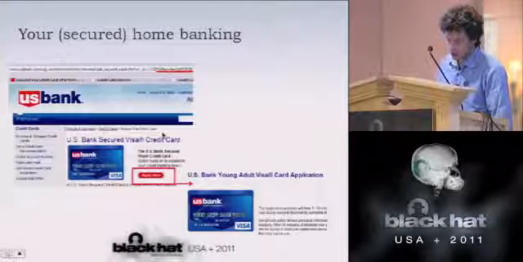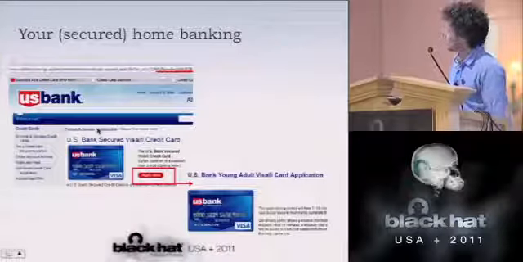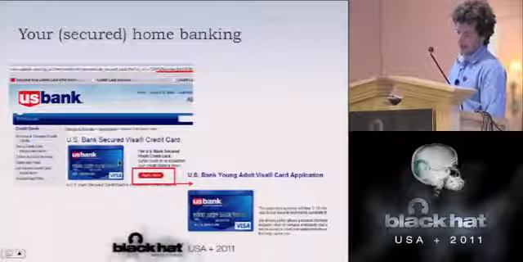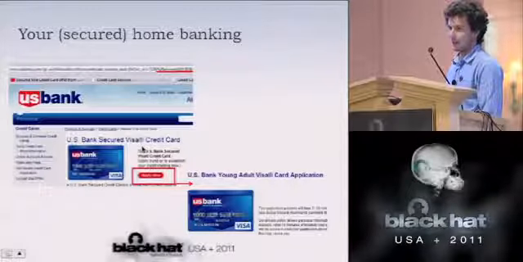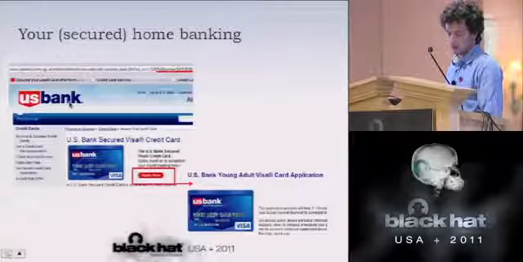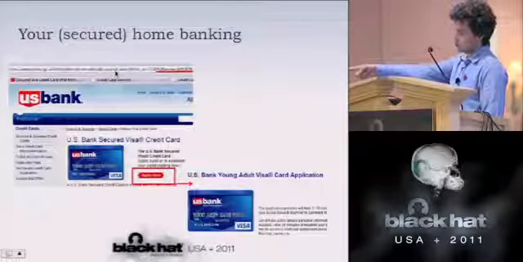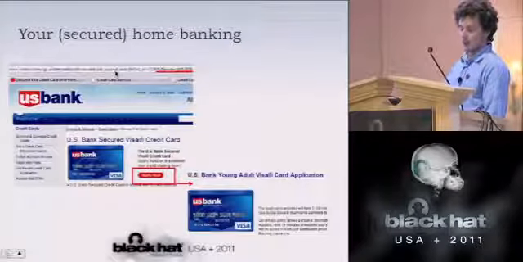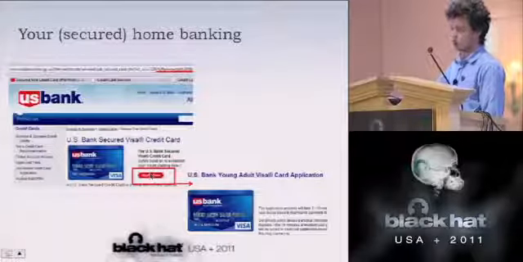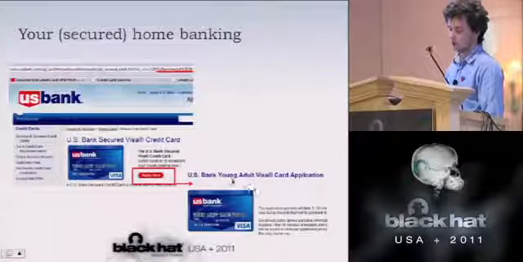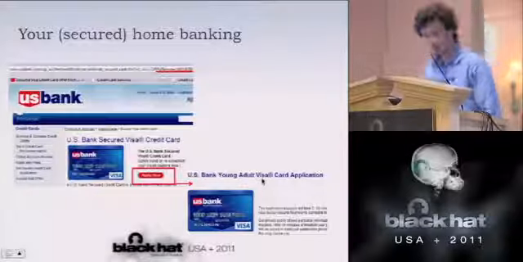This is US Bank, where you can apply for the US Bank secured Visa credit card. Here there was an injection, so if I send this URL to you and you click on it, you get this page, but when you apply for the credit card, you actually receive another one: the Young Adult Visa, the young version of a credit card.